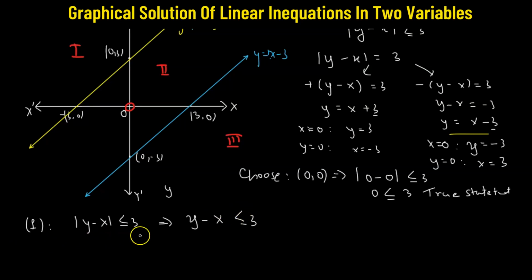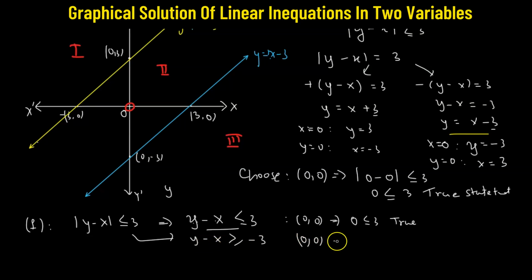And the second case could be y minus x greater than or equal to negative 3. So we can solve them separately. For the first case, if we choose the point (0, 0), we'll see if the statement is true or not. Clearly we see that 0 is less than or equal to 3, so that's a true statement. And if we take the second inequality and consider the origin, then we have 0 greater than or equal to negative 3. So that's also a true statement.